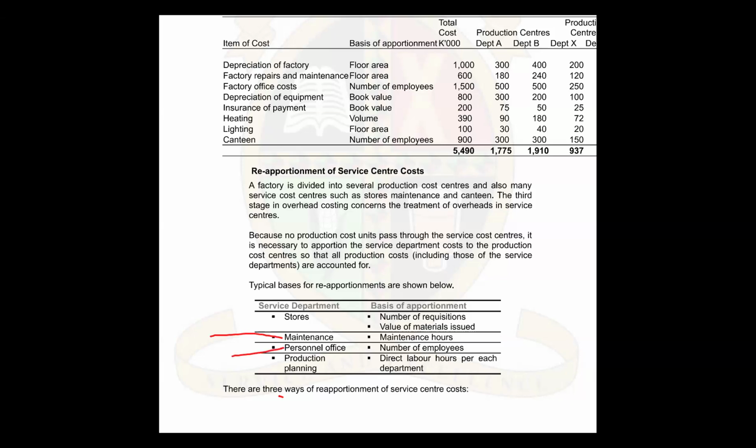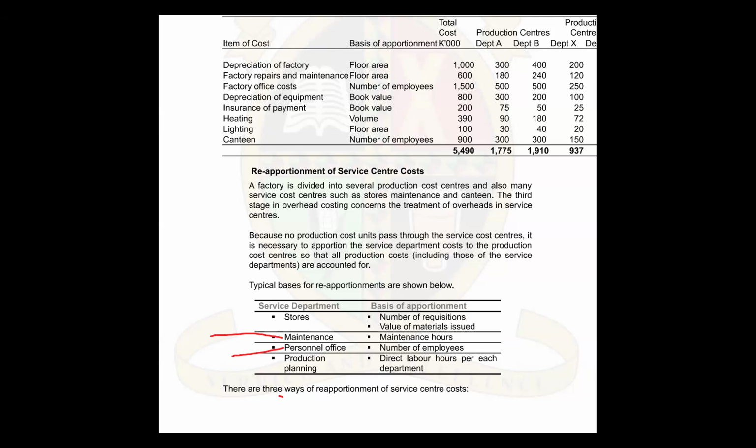And then you also have what we call the personnel office. Personnel office could be another department as well. This is also a service department. At that point, the most appropriate basis of apportionment that could be used is the number of employees. And finally, you could have the production planning department.